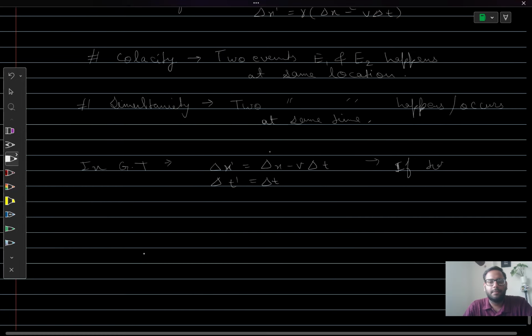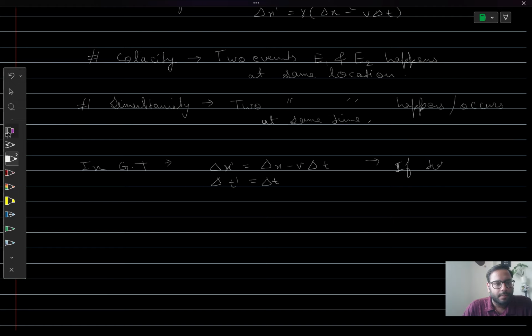Sorry, let me write it neatly. I'm really sorry about my poor handwriting, but the concepts need to be cleared. So in Galilean transformations, this is my equation for the x coordinate, this is my equation for the t coordinate, in the interval form.